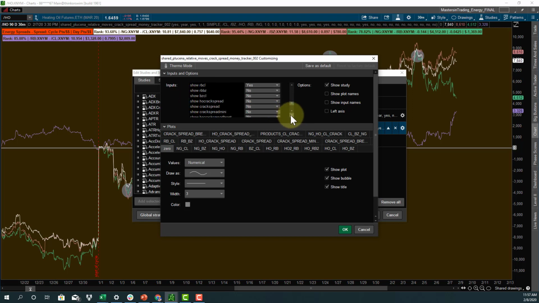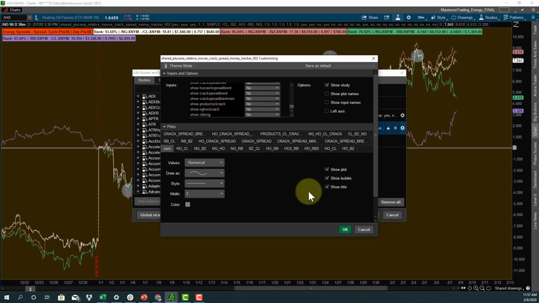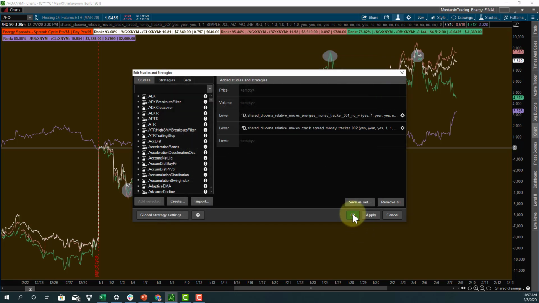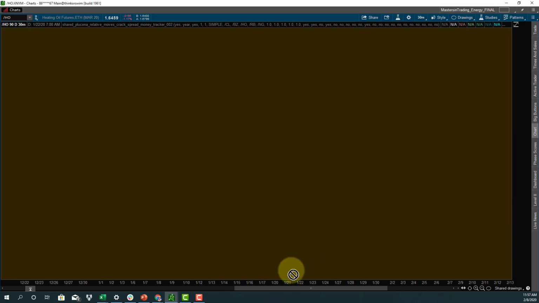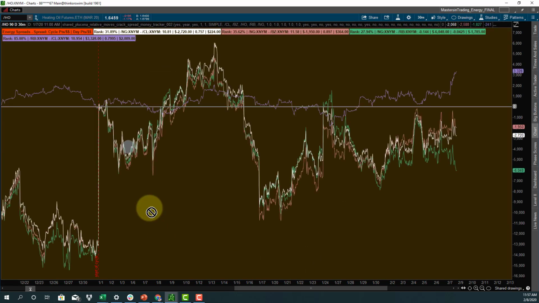We can get more advanced and do different heating oil crack spreads, the mini crack spread, natural gas crack spreads. So quite a bit to learn in this, but what I wanted to show you is it's a super, super simple way to value different contracts to make sure that when you're getting long, you're doing it with what's inexpensive. When you're getting short, you're doing it with what's expensive.